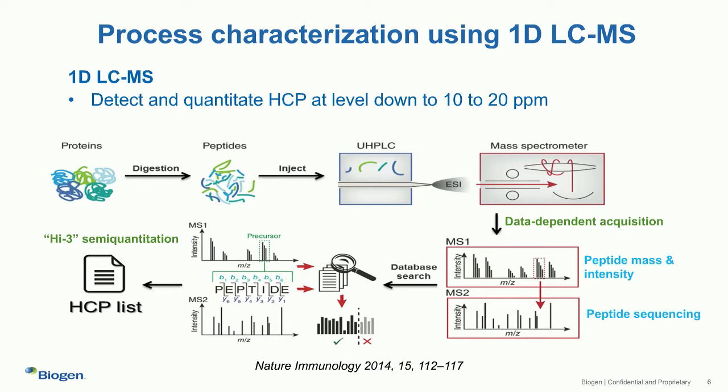In the MS2 scan, the most responsive peptides detected in the MS1 scan were sequenced, and the peptide sequence information from the MS2 scan was searched against a protein sequence database to identify the host cell protein. Meanwhile, the peptide intensity information from the MS1 scan was used to perform quantitation of the host cell protein using the so-called Hi-3 semi-quantitation method.